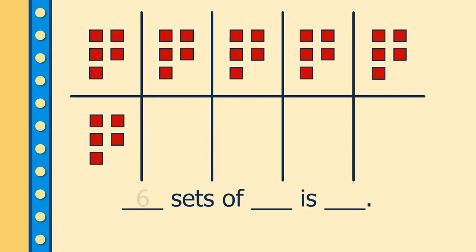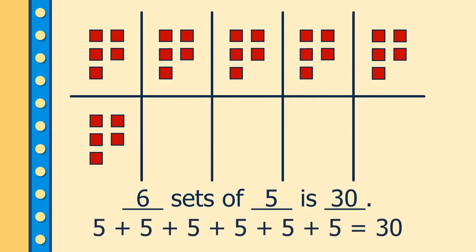So we say that we have 6 sets of 5, and we get 30. Let's look at the ways that we got this. 5 plus 5 plus 5 plus 5 plus 5 plus 5 is equal to 30. You could also skip count 5, 10, 15, 20, 25, 30. And all those different ways will get you to your answer.